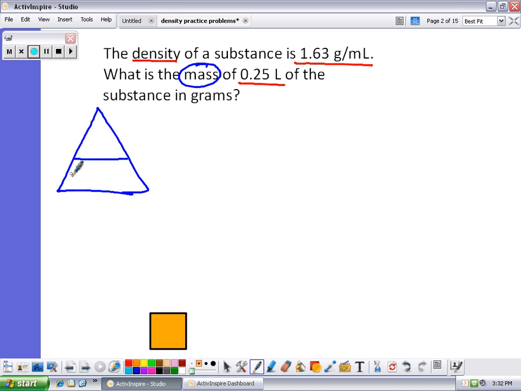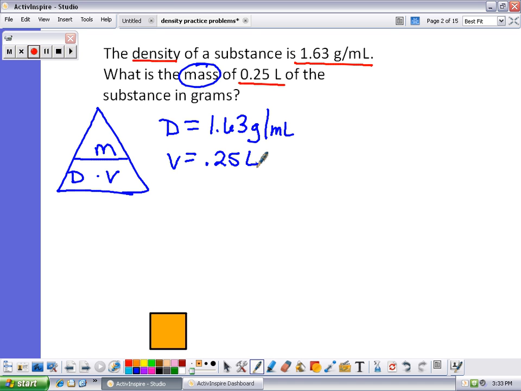Reference the triangle. So the density we know equals 1.63 grams per milliliter. Volume is 0.25 liters. Now, the first thing I notice is that you have two different volume measurements here.